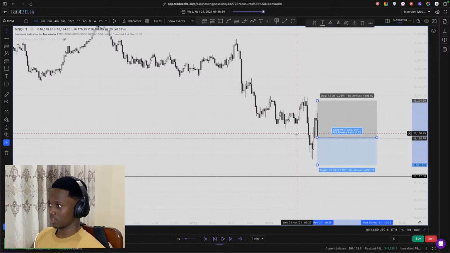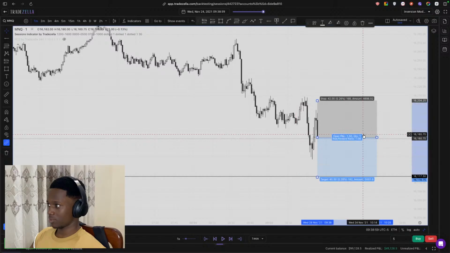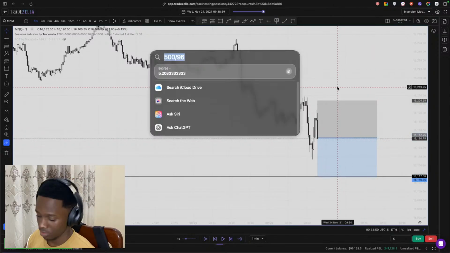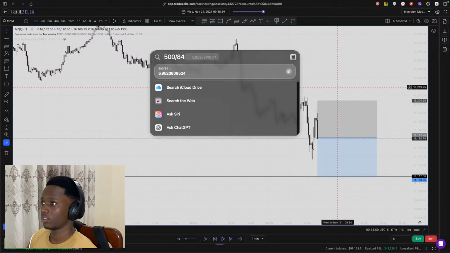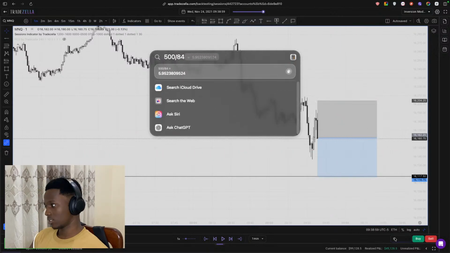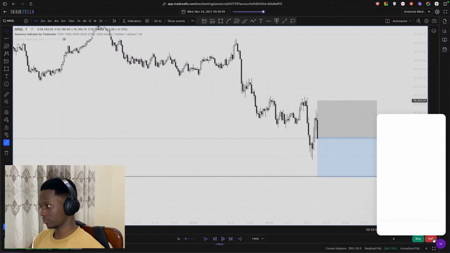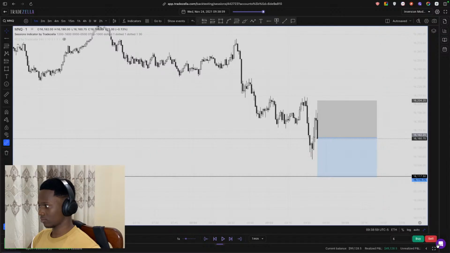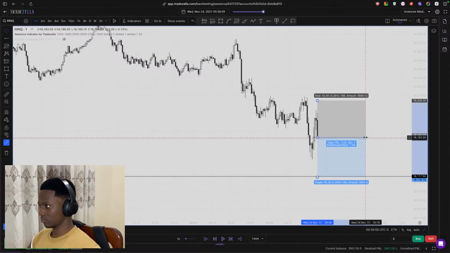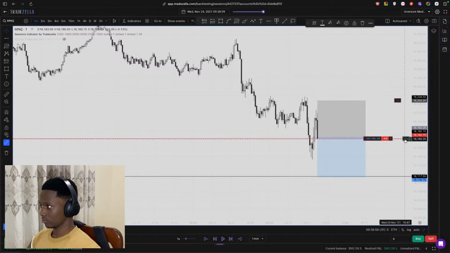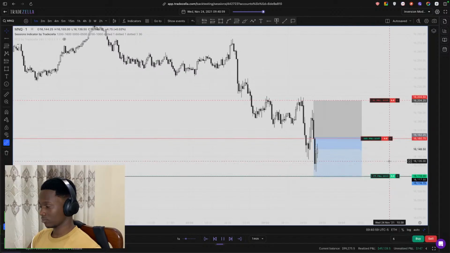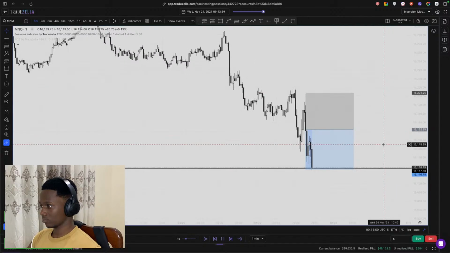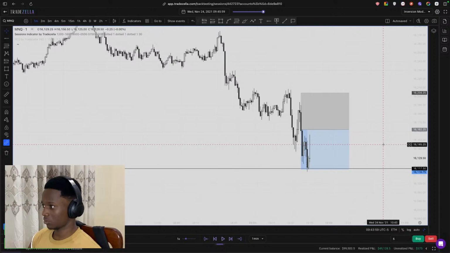The stop at this high here and take profit here, just for a small one-to-one winning day. That will be 500 over 84, and that's close to 6 micros. Good one-to-one.